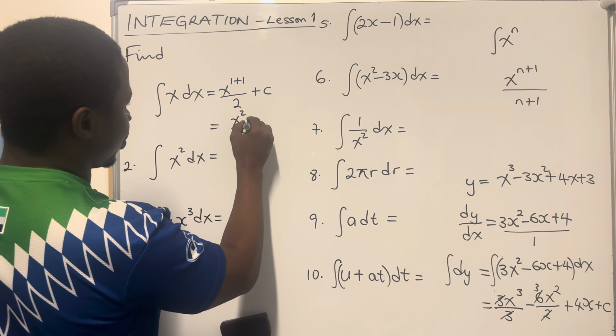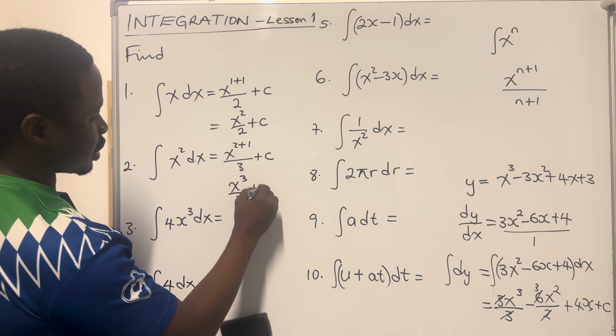This is integration. Basically, we have x squared. The power is 2. To integrate, we add 1 to the power. We divide by the new power. 2 plus 1 is 3, plus c. So x to the power 2 plus 1 is 3, over 3 plus c.